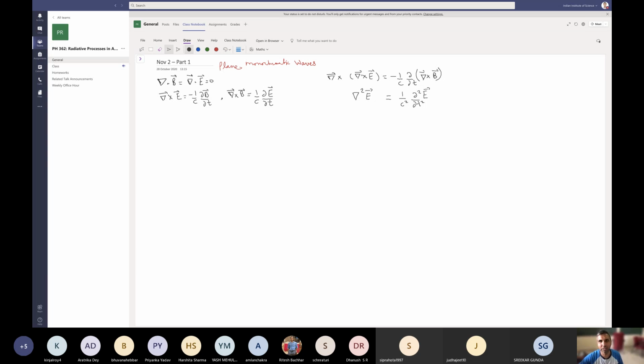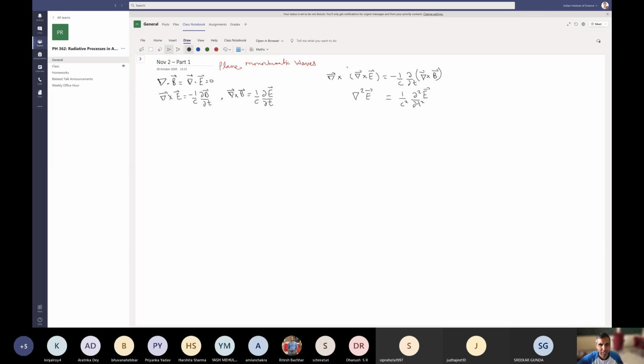So this is just a vector identity. Let me actually see what this identity is. Give me a sec. Okay, so I did del cross of this.